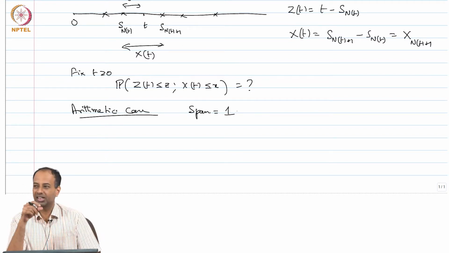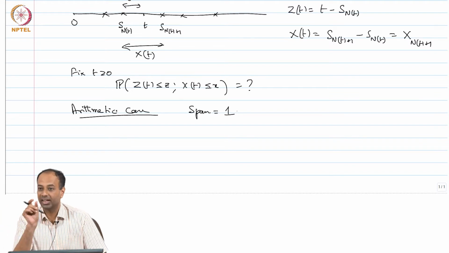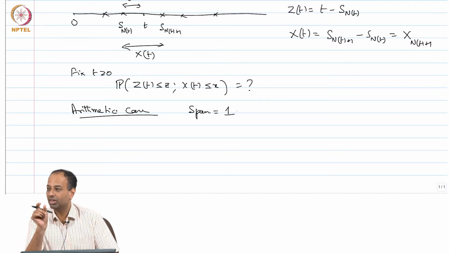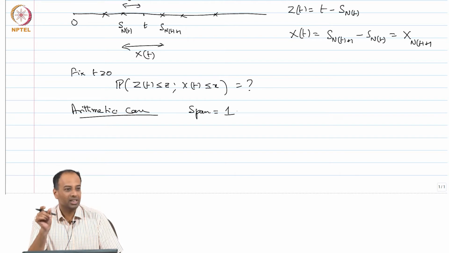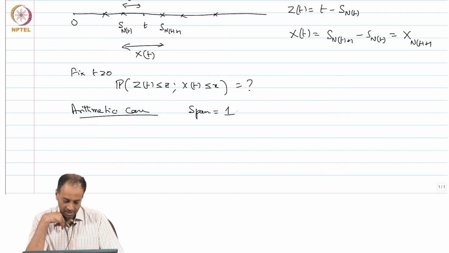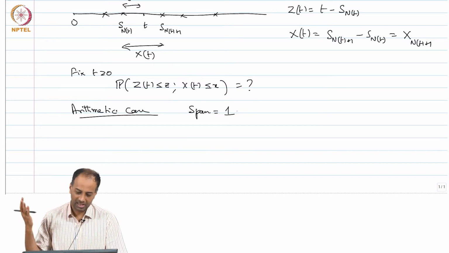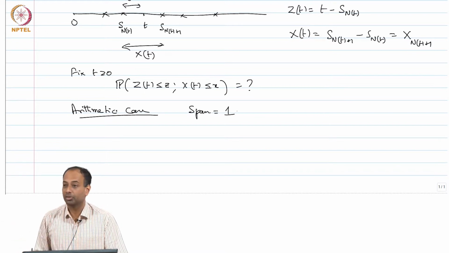So, in that case the probability of having a renewal in a small interval is Blackwell's theorem, we did that already, right. Whether you have a renewal in a small interval or not depends on whether that interval includes one of these multiples of kappa, the span, right. So, in some sense you can say that arithmetic and non-arithmetic renewal processes behave very differently, right. So, we will deal with the arithmetic case first. We are taking span equal to 1, you can take kappa, but there is nothing to be gained.